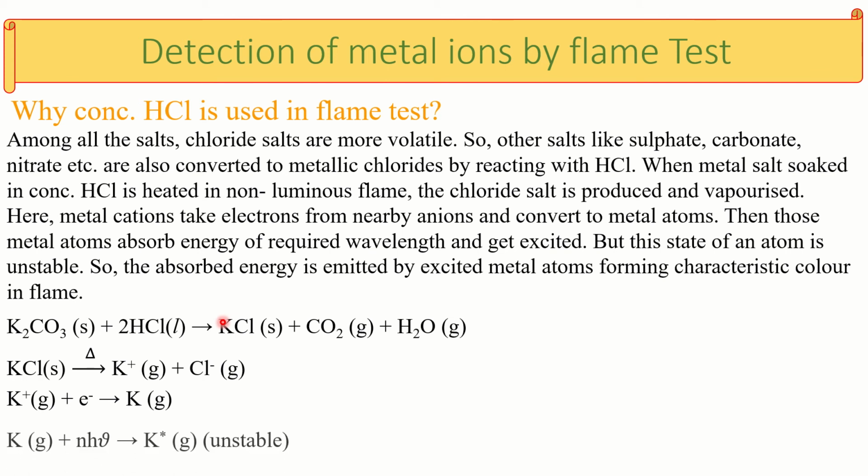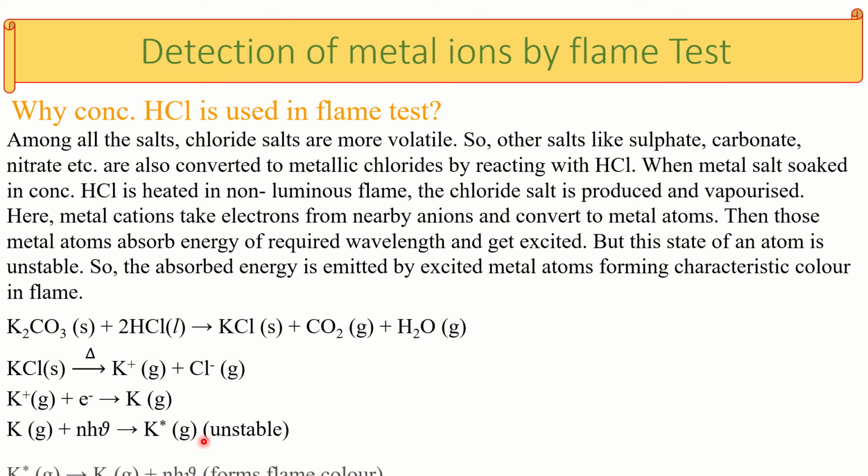Now, the potassium atom absorbs energy and the electron of potassium goes to a higher energy level, and this is the unstable condition of the potassium atom. At one point it will emit the energy and come back to the lower energy level, and this energy that is emitted by the potassium atom forms the flame color, and we see this color in the flame test.